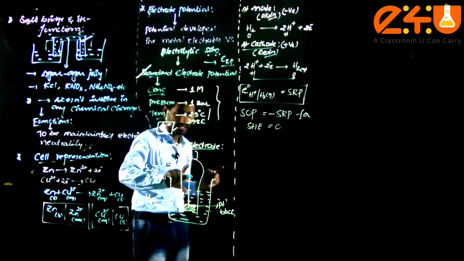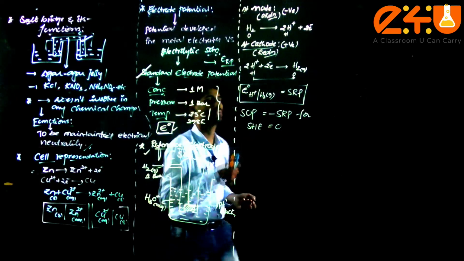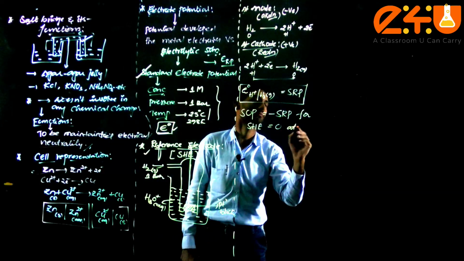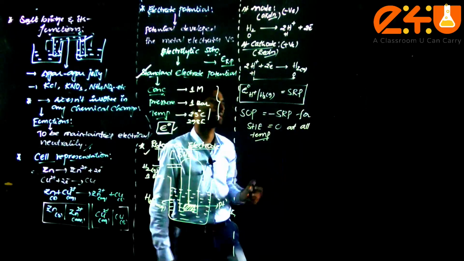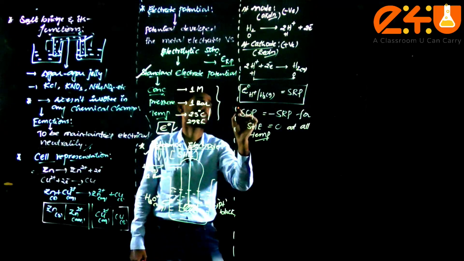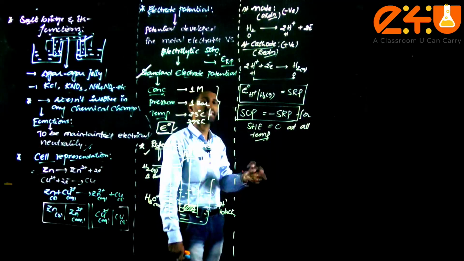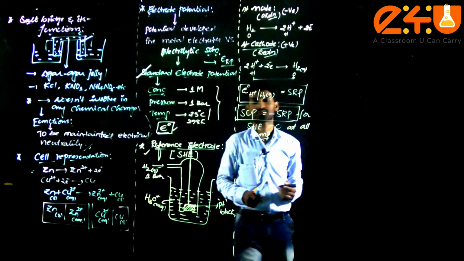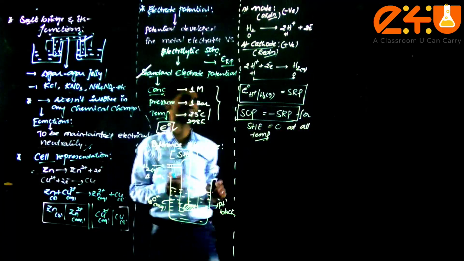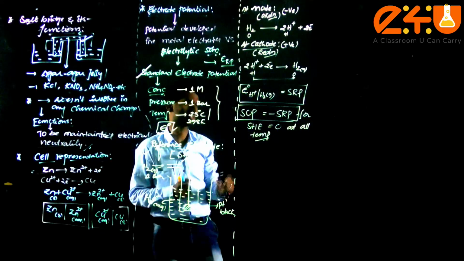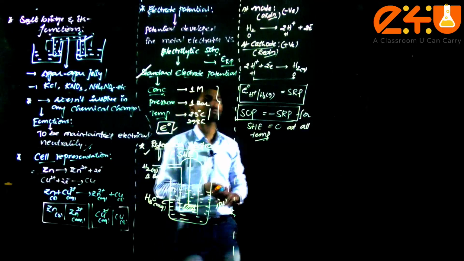That means the standard reduction potential value for hydrogen gas is equal to 0 at all temperatures. This is very important. At all temperatures. That means what did you understand? The standard oxidation potential is the negative of the standard reduction potential. That point alone you have to remember, dear students. This is the way we have to study.